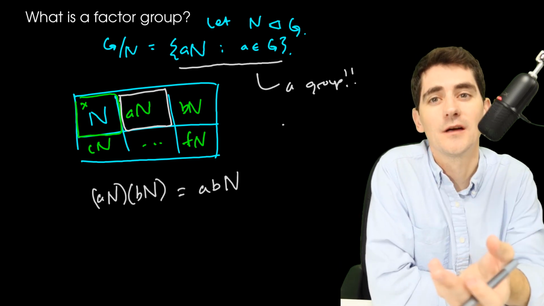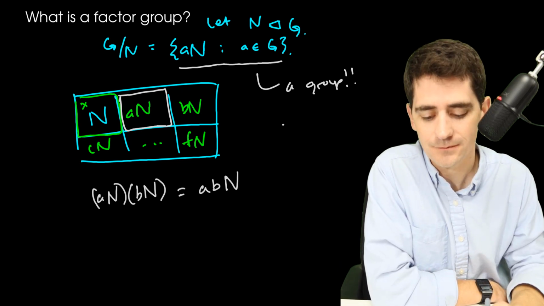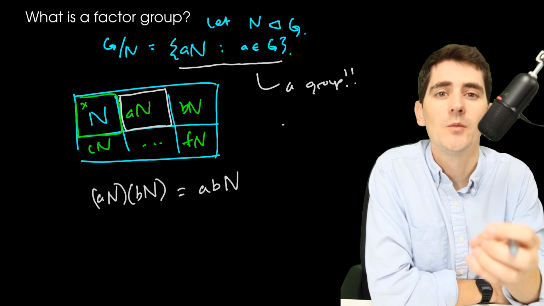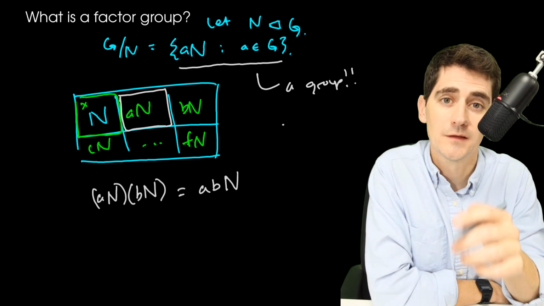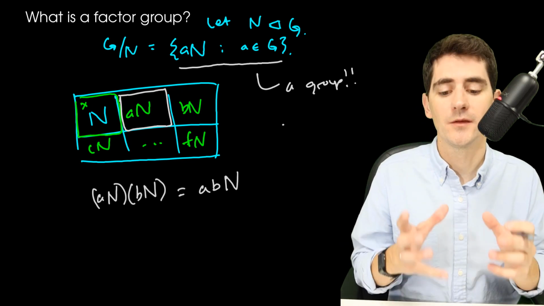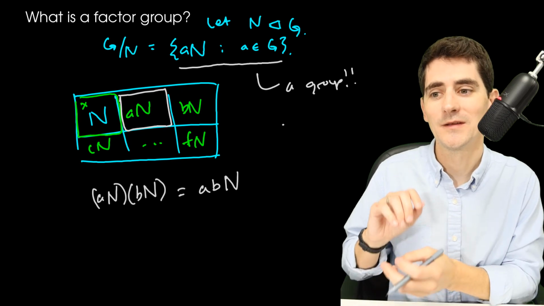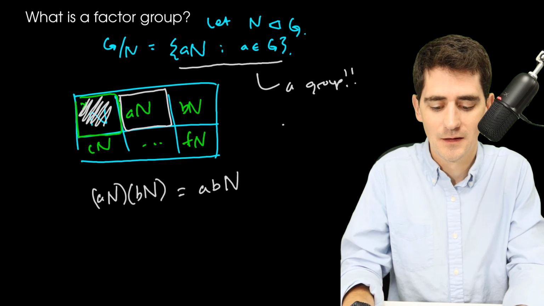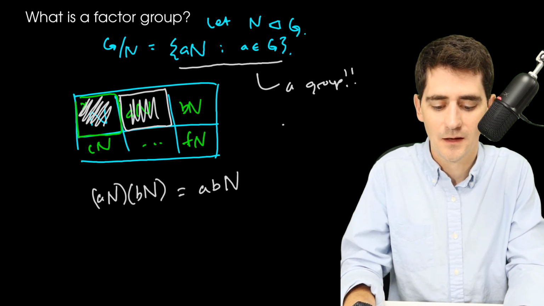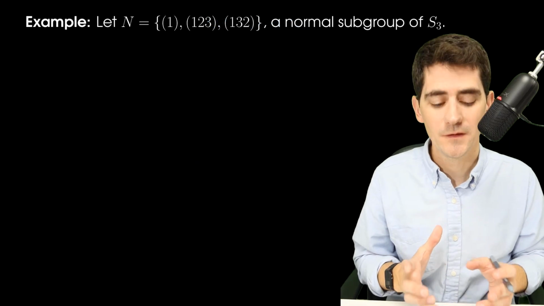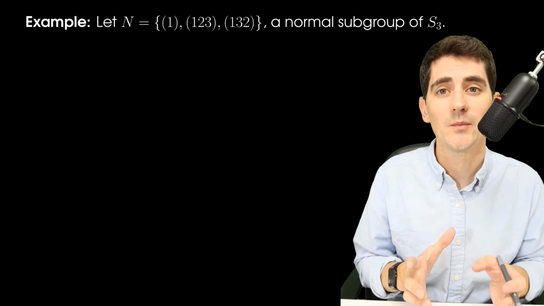We'll actually prove that it does work, and I'll show you some examples. But again, I want you to think about these factor groups as each element in the group is itself a box full of stuff. Okay, but we're only playing with the boxes themselves, not the elements inside the boxes. All right, so here's my first element, N, and then here's my next one, AN, and my next one, BN, and so on.